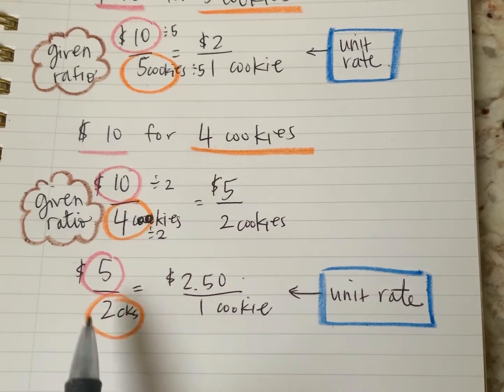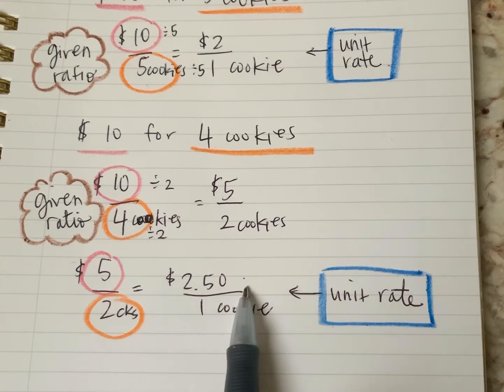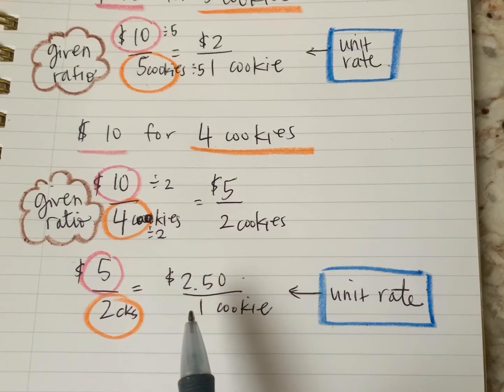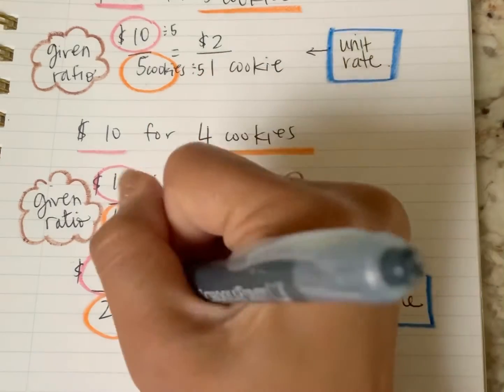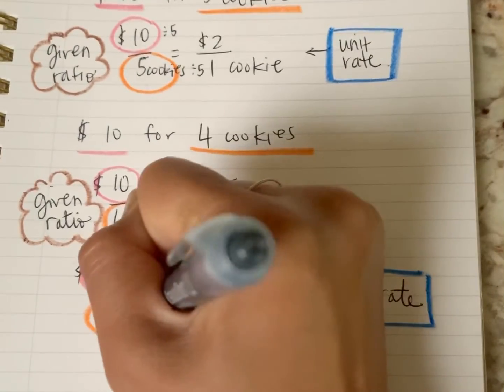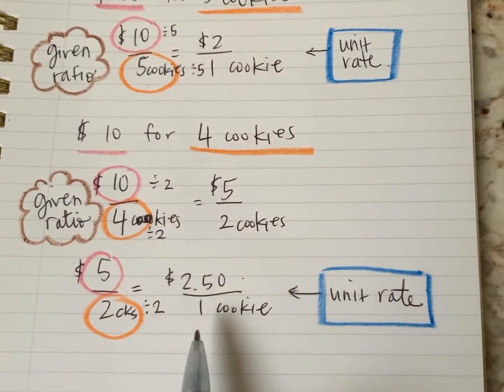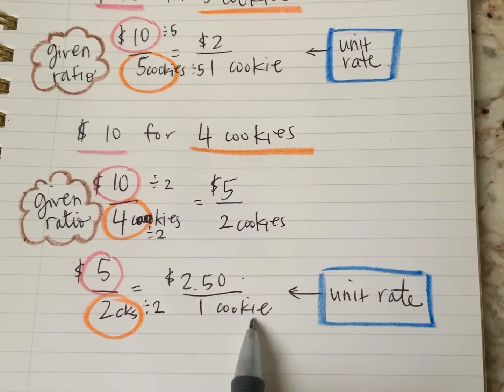And notice what I did here. Even though we're working with quote-unquote fractions, because that's what it's showing, I'm still going to use my dollar amount and put that over 1 cookie. So if I divide 2 divided by 2, that's how I know I get 1 for that unit rate. 1 cookie is what we were looking for to begin with.